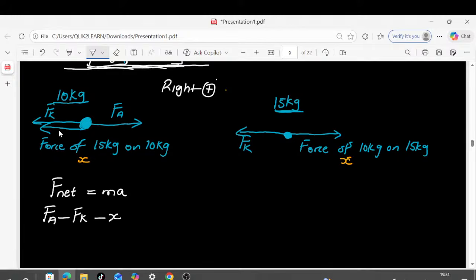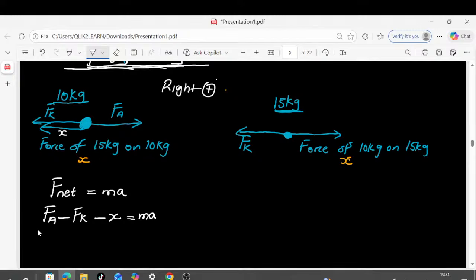Why? Because this force here is x. Then we're going to equate this to ma. Remember, the force of the 10 kg block on the 15 kg block is equal to the force of the 15 kg block on the 10 kg block.